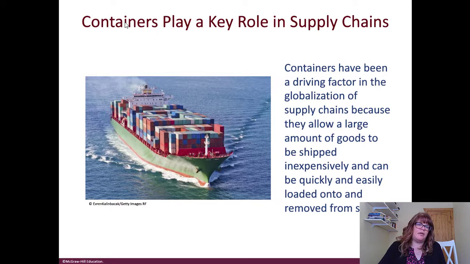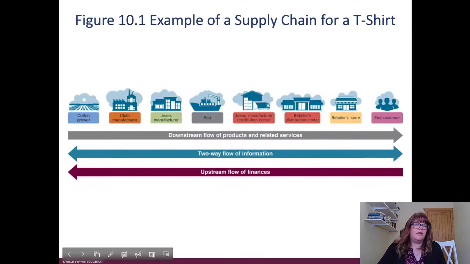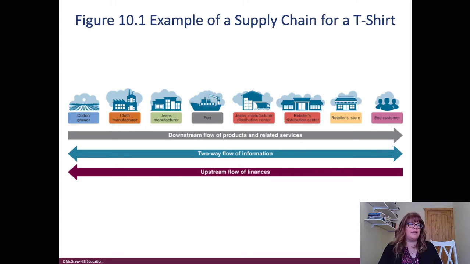Here are how containers play a key role in supply chains. Here's an example of a supply chain for a t-shirt. All along the supply chain, we can see the different flows of products and services. Services such as ocean freight companies assist the movement of the goods downstream.